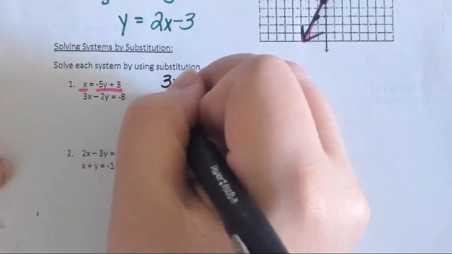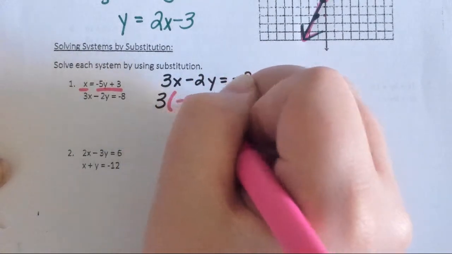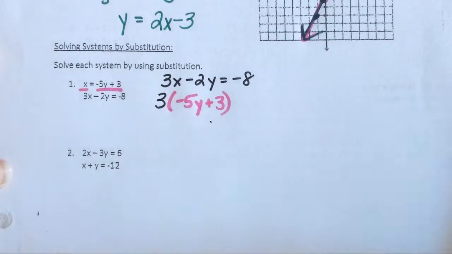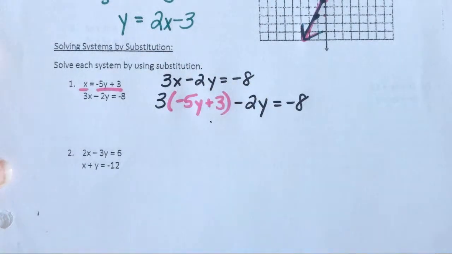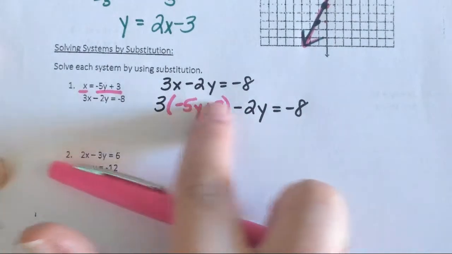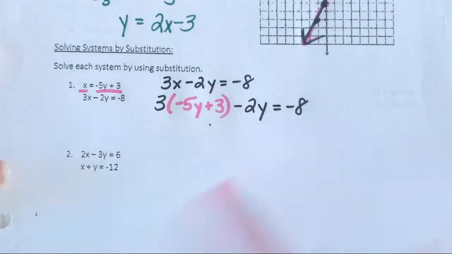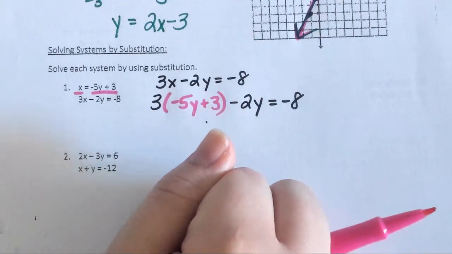So x doesn't get to play this game anymore. Instead, we're putting in negative 5y plus 3. We're plugging him in for x. He is taking x's spot. Just like if x was the quarterback, we're just putting in a replacement quarterback. It's no big deal. We're still going to play the game. Everybody else is still in. We replaced one guy. x is now this.